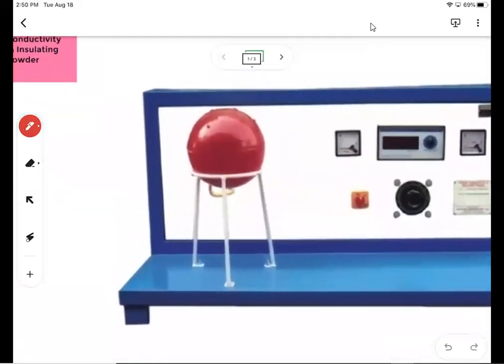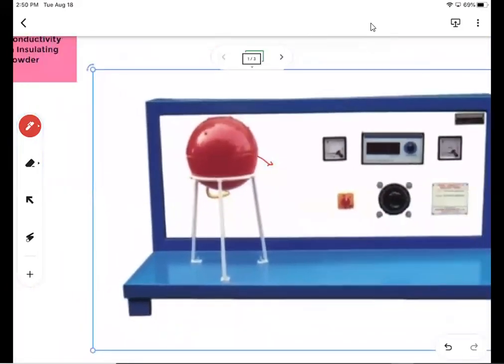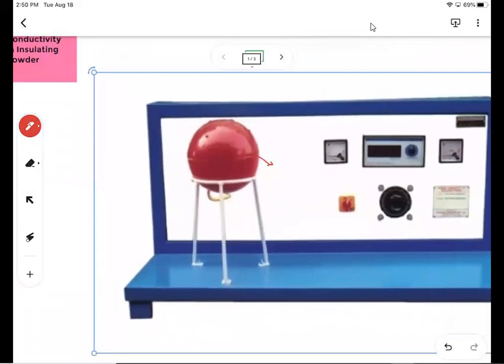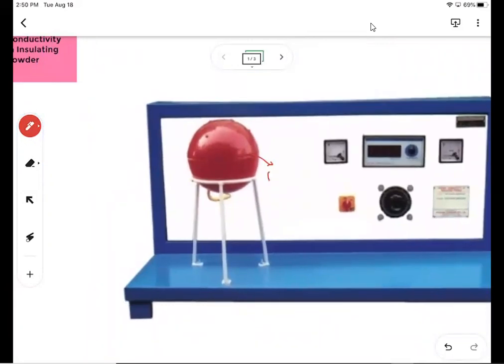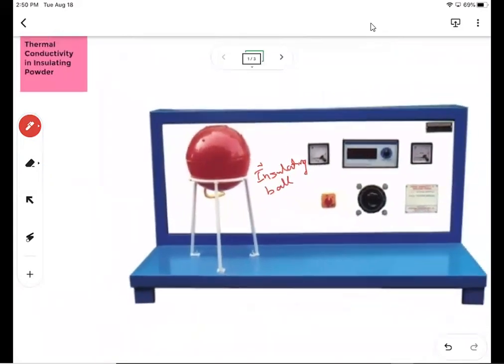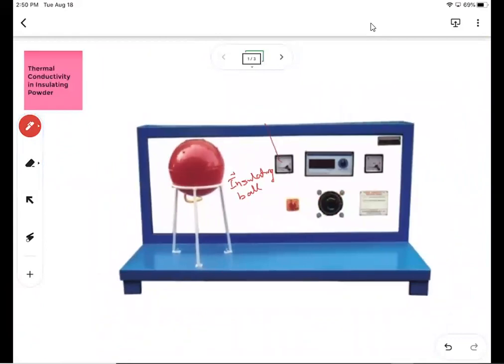This is our famous insulating ball. Now the other parts: this is a voltmeter. This is an ammeter which will give you the current output.